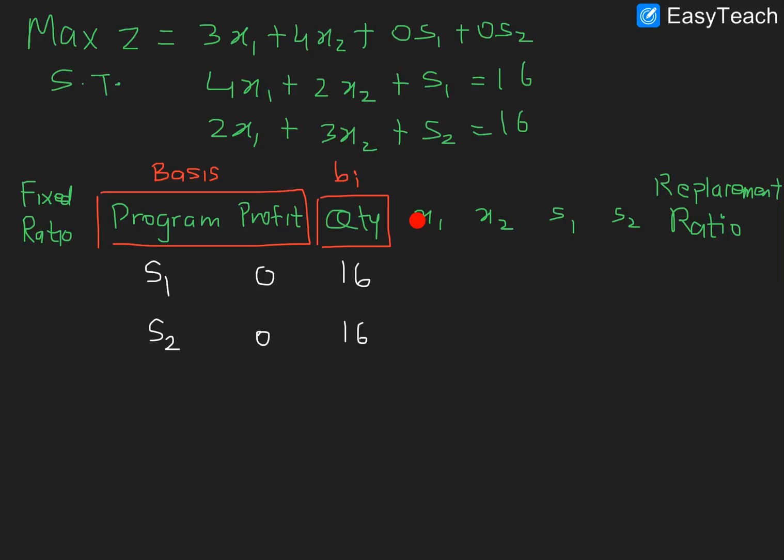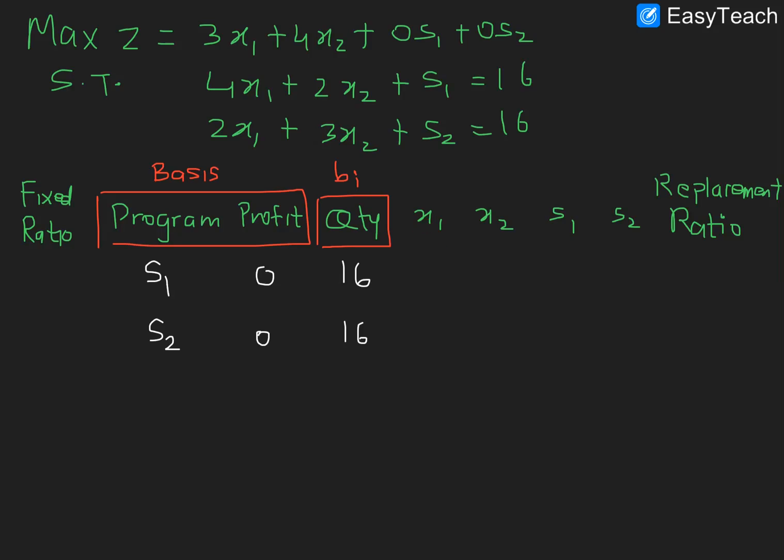Refer back to this. We have stated while drawing this equation that each unit of product A requires 4 kgs of raw material. So can I say I need to sacrifice 4 kgs of raw material to get 1 unit of x1 or A?